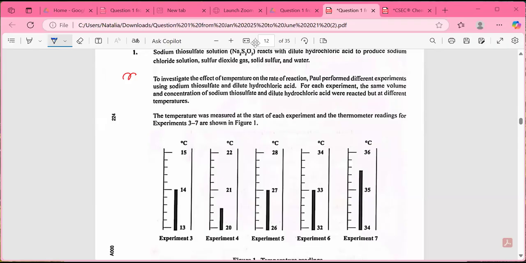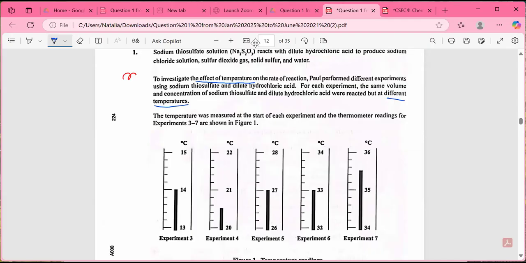So what factor would they be investigating for the rates of reaction? Sorry, unmute, I didn't hear what you said. Change in temperature. Since temperature is the only thing they're changing, that's the factor on the rates of reaction they would be investigating, and they tell you the effects of temperature.